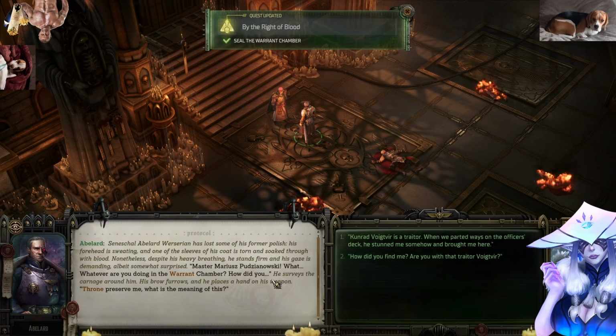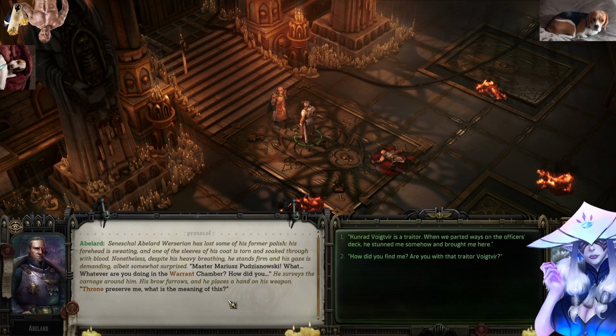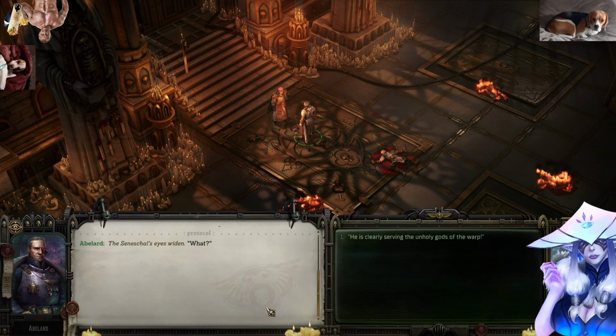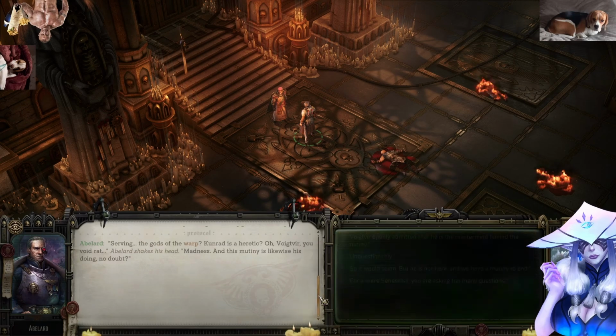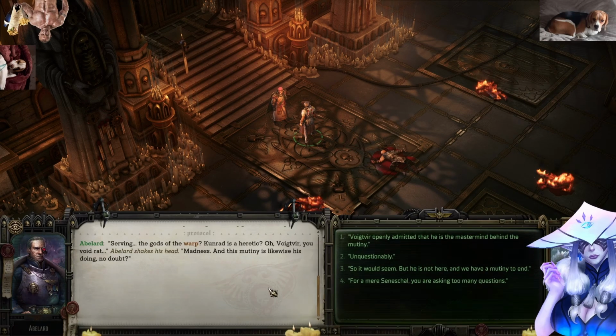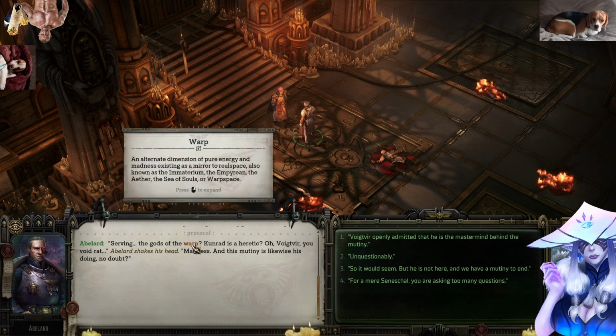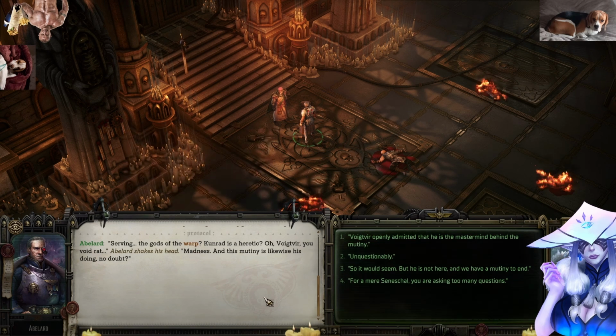Abelard. Master. What? Whatever are you doing in the Warren Chamber? How did you... Throne preserve me. What is the meaning of this? Conrad Voigtfear is a traitor. When we parted ways on the officer's deck, he stunned me somehow and brought me here. What? He's clearly serving the unholy gods of the warp. Serving the gods of the war? Kunrad is a heretic. Oh, Voigtfear, you void rat.